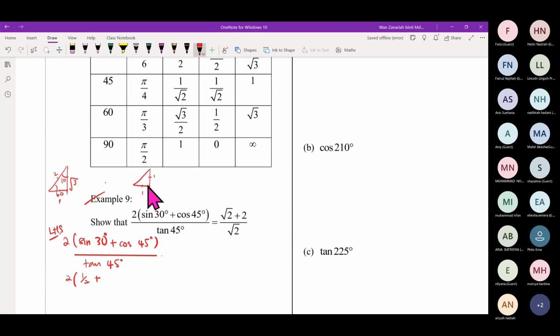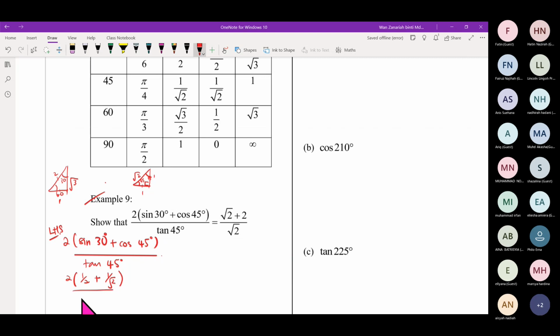Ini satu, ini satu. So kalau satu, ini 90 degree. So half, kalau bahagi dengan 2, ini 45, ini 45. Betul tak? Betul. Okay, so cos 45 is 1 over root 2. Root 2. Okay.